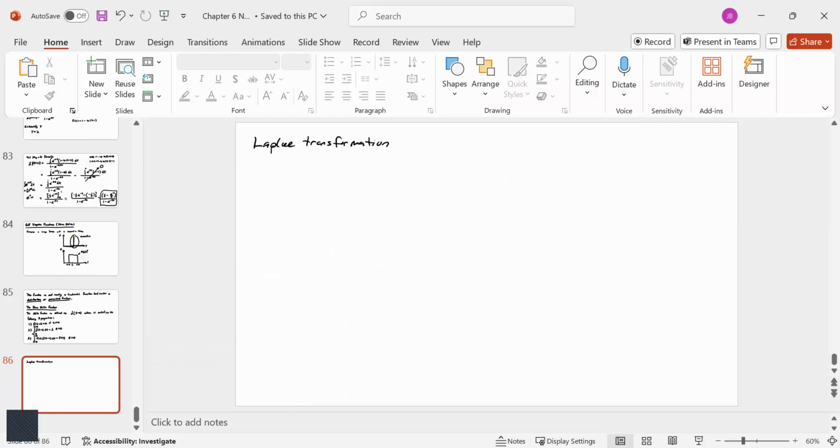Now, thankfully, it's not a difficult formula, right? So, the Laplace transformation of the delta function t minus a is equal to, and it will look vaguely familiar, e to the negative a s.